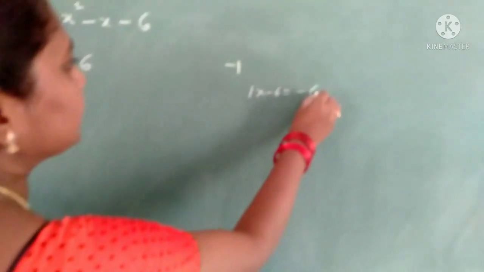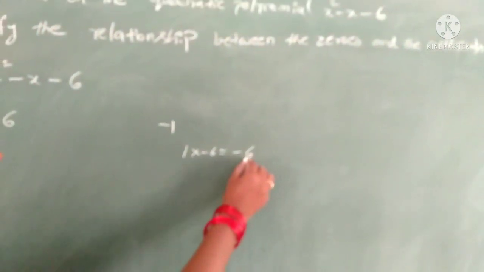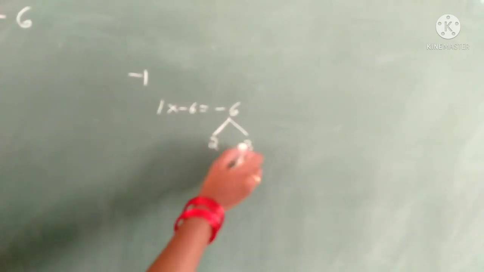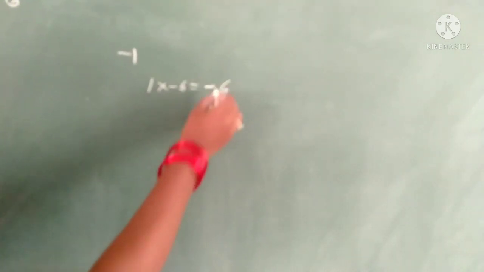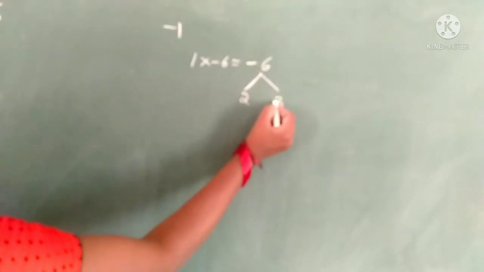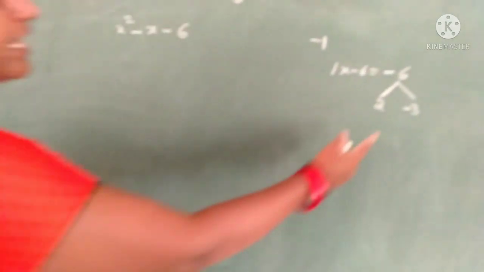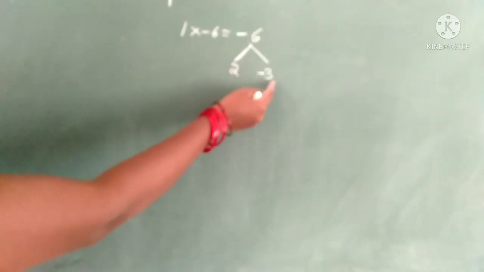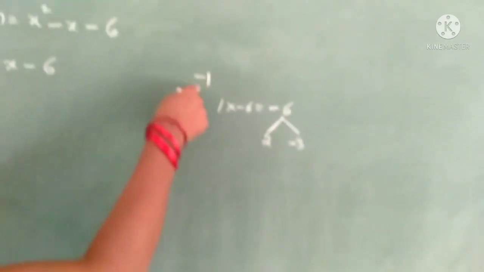Product is minus 6. Which numbers have product minus 6? 2 threes are 6, but we need minus 6, so we take a negative symbol. So 2 times minus 3 is minus 6 and 2 plus minus 3 equal to minus 1.